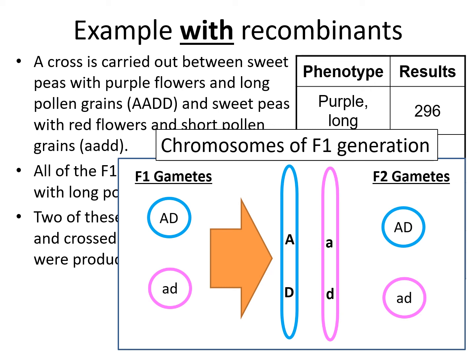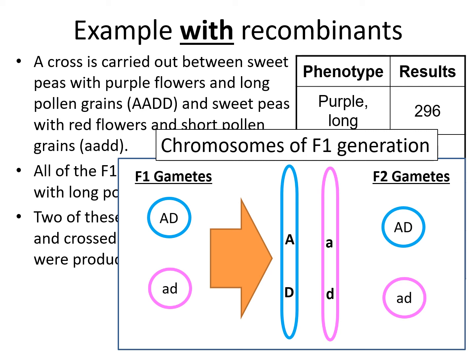We would also expect to find red flowers and short pollen grains, represented by the lowercase a and the lowercase d, also in very high numbers. However, we also know that recombinants would occur, which would mix up the upper and lower cases for one of the genes.